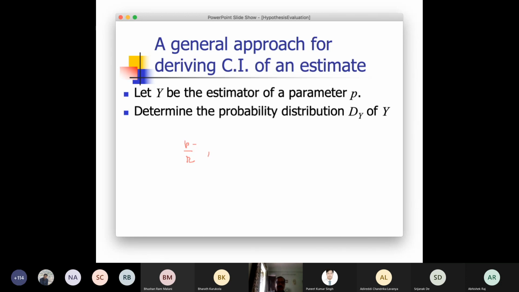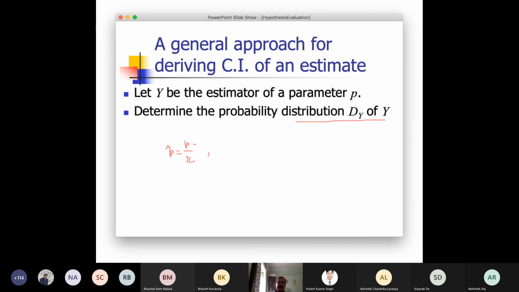What is p? p is the probability that a sample is in error. That is the Bernoulli process I told you. Now, if I consider n trials, then it becomes a binomial distribution, as I have already mentioned. So the probability distribution of y is actually a binomial distribution.